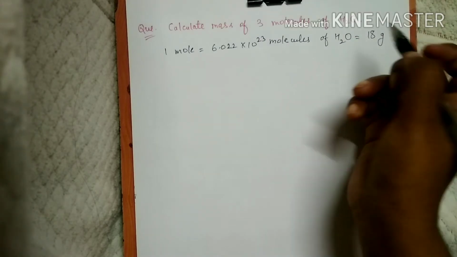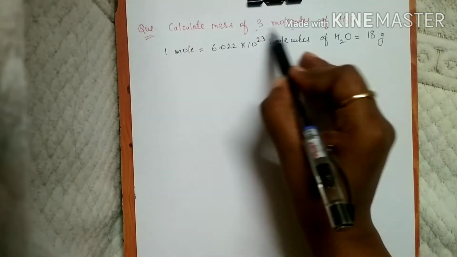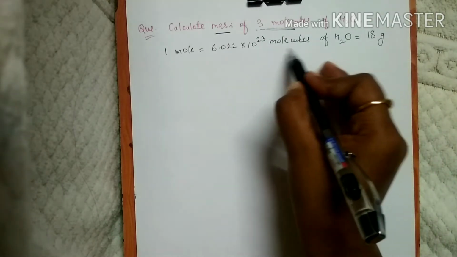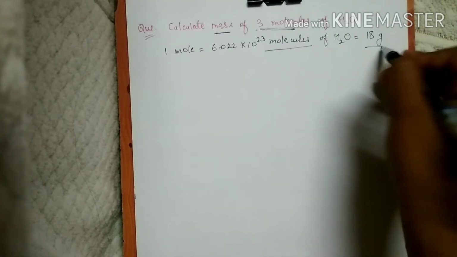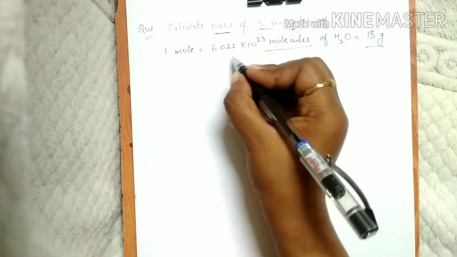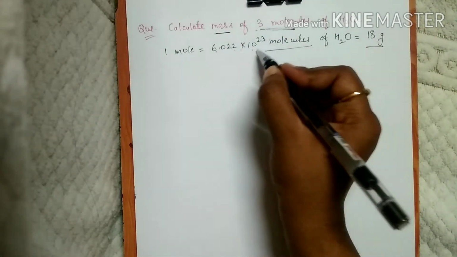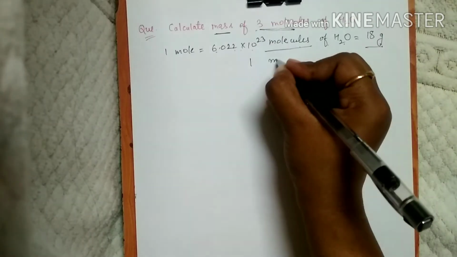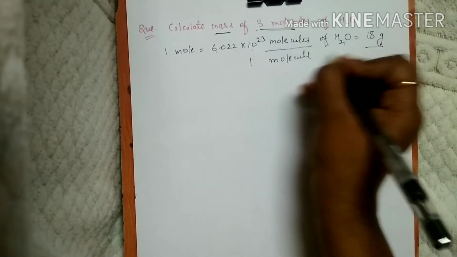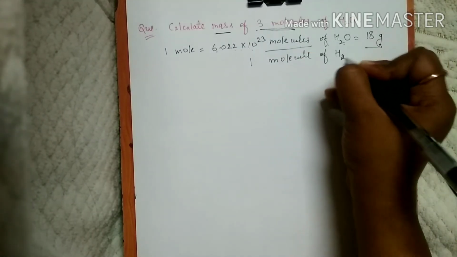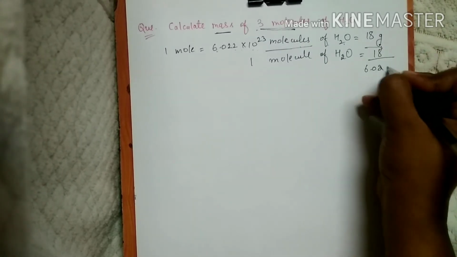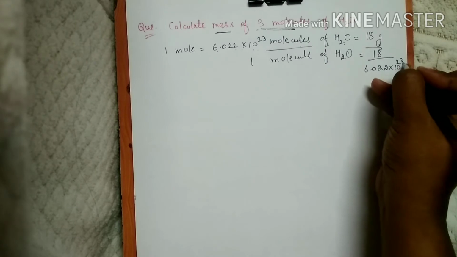Okay, now we want the relation between the number of molecules and the mass. So we'll use this one, number and mass. So 6.022 into 10 raised to power 23 molecules of water equals to 18 gram. So one molecule of H2O will weigh equal to 18 upon 6.022 into 10 raised to power 23.